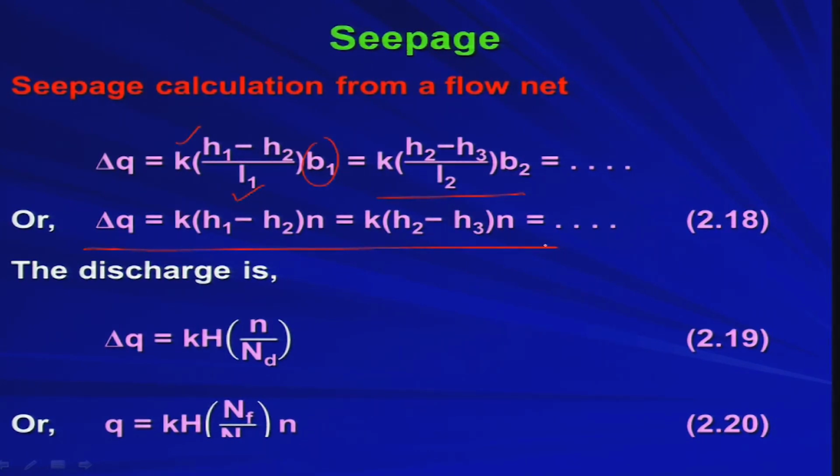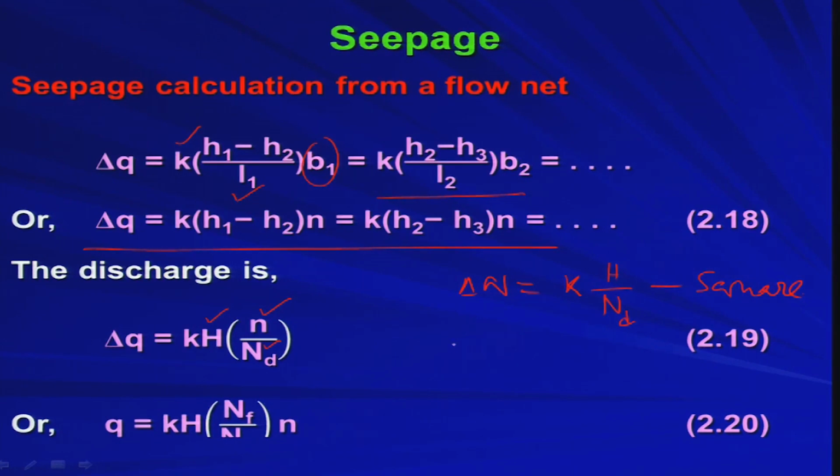So, the discharge delta Q is equal to K into H by N d into n. So, H by N d is nothing but your difference, that is H1 minus H2, into this n. If you remember from the square element, we had got K into H by N d for square.